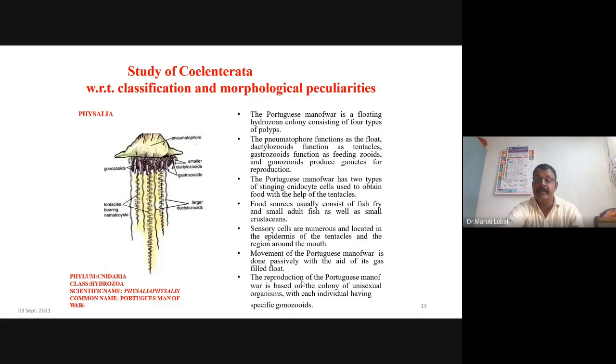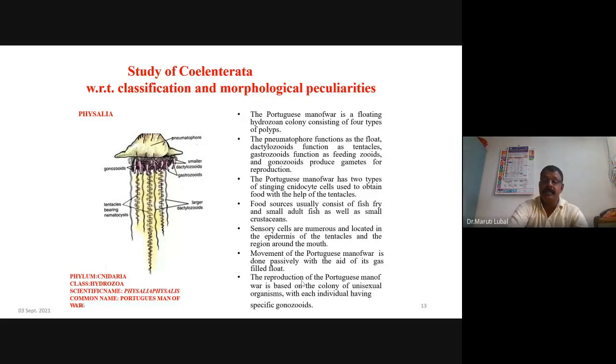The food of Physalia usually consists of fish fry and small adult fish as well as small crustaceans. Sensory cells of Physalia are numerous and located in the epidermis of the tentacles and the region around the mouth.